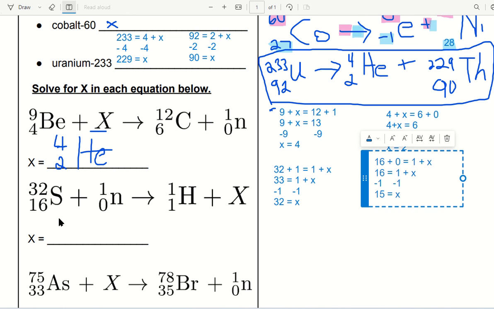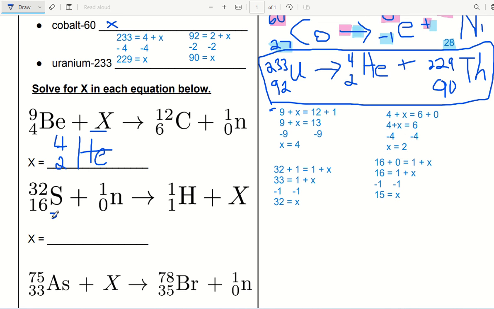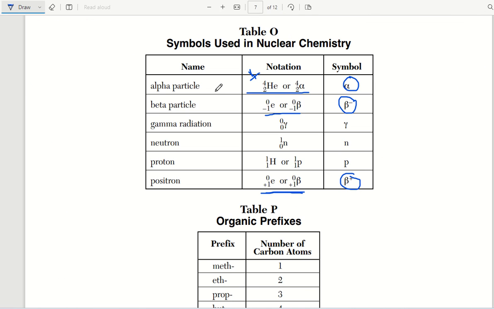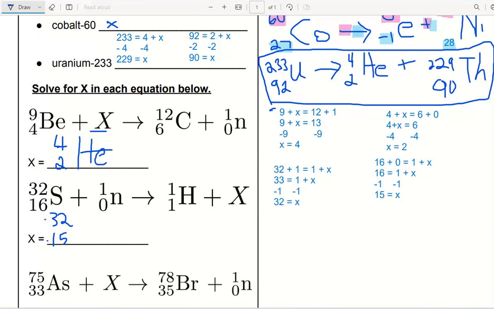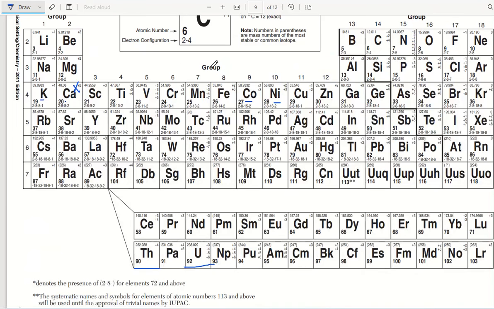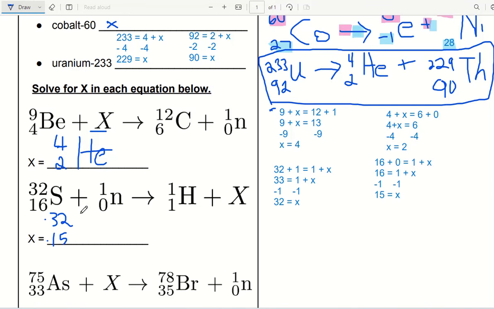So when we write this, we're going to put 32 on the top, 15 on the bottom, mass number, atomic number, and I need a symbol. Well, nothing even close to that on table O, so I need to look up 15 on the periodic table, and look, there it is, phosphorus.